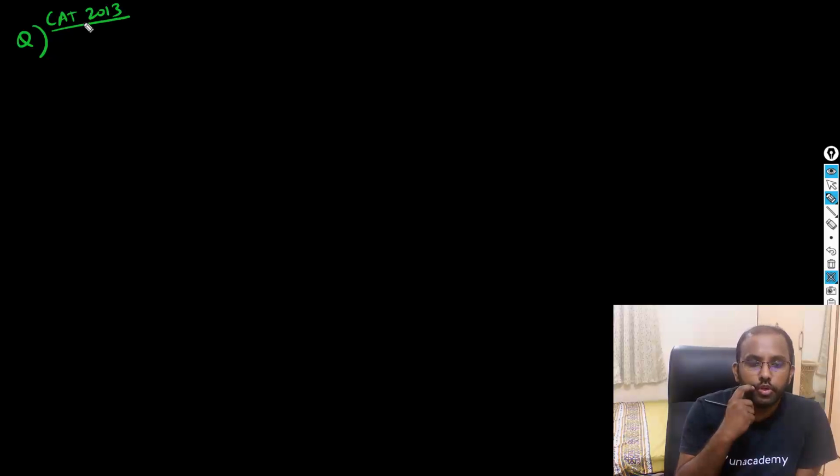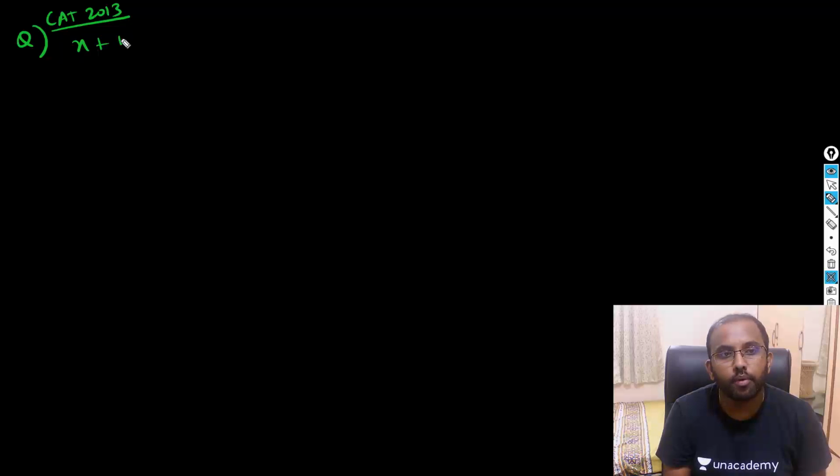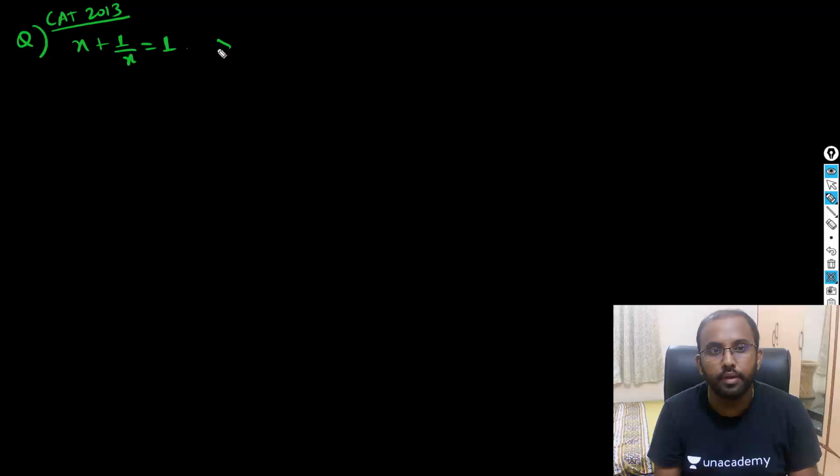This question is actually, it's given that x plus 1 by x is equal to 1, and p is equal to x raised to 4000 plus 1 by x raised to 4000.